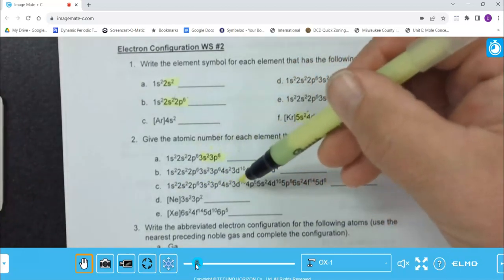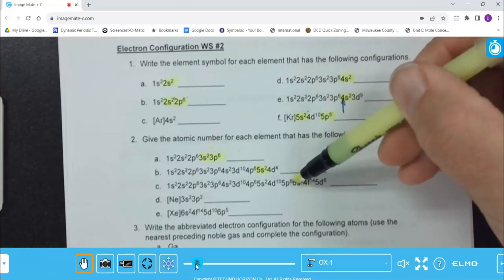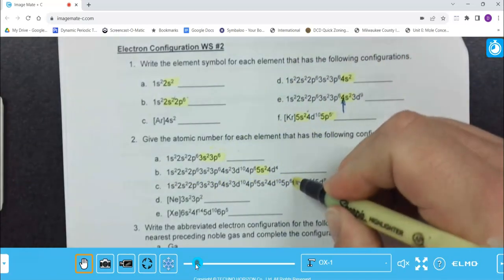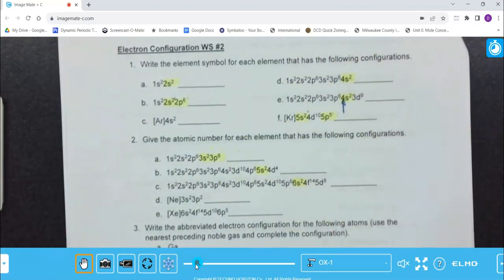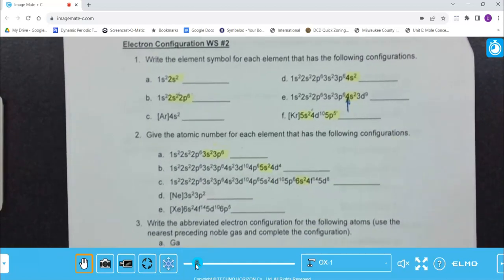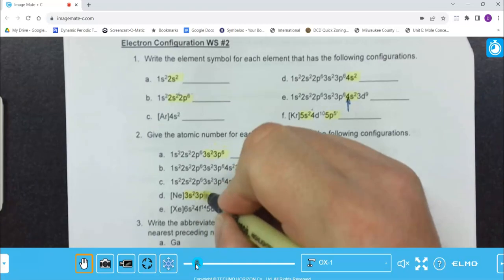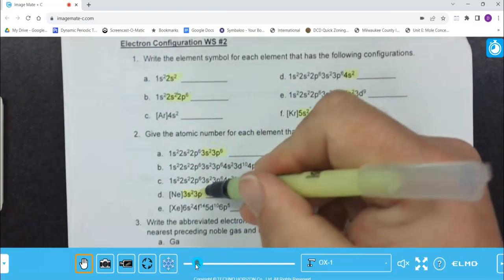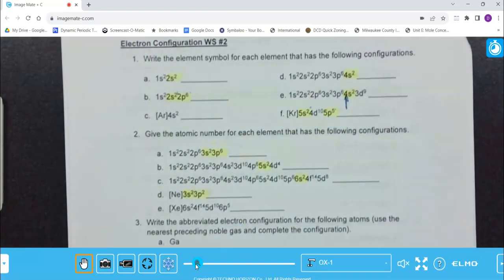For C, the highest energy level is right here. And in that energy level, there are 2 electrons, so that would have 2 valence electrons. Highest energy level is 3, 2, 4 valence electrons.